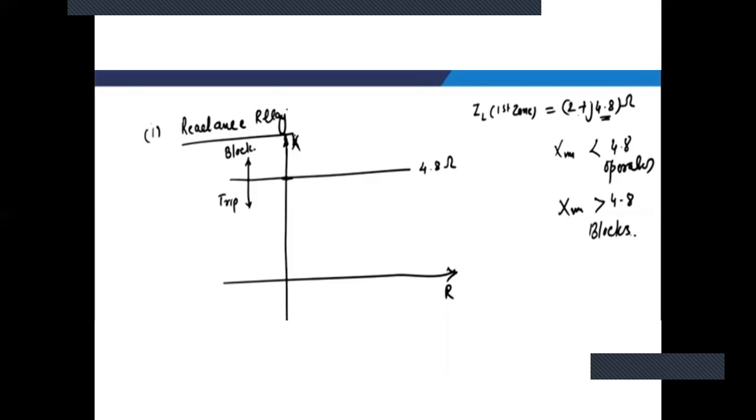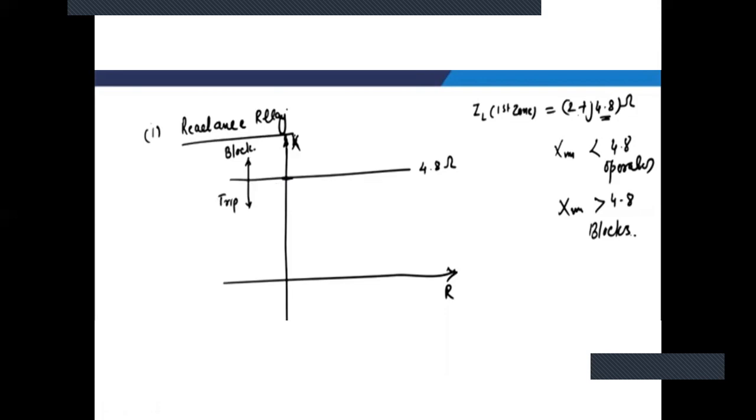Okay, so any value below this reactance will give a trip. Below this we will have a trip region, and any value above this relay point, we have the block region.